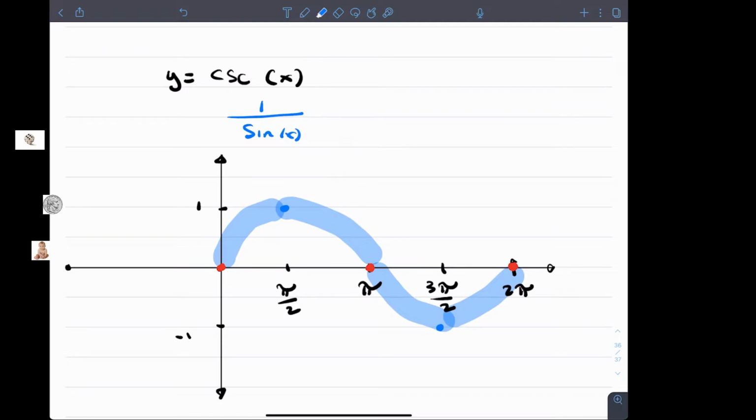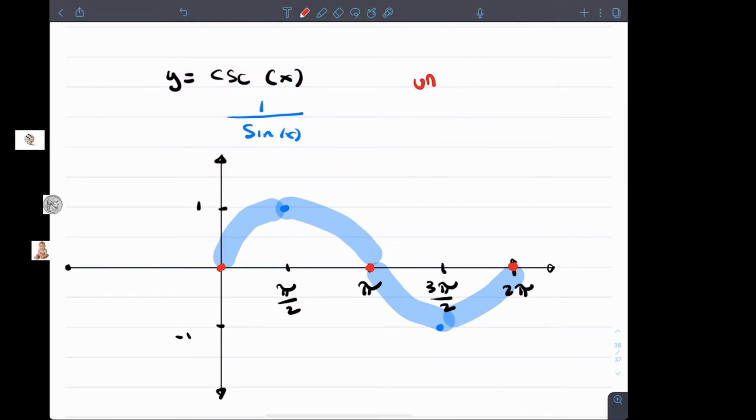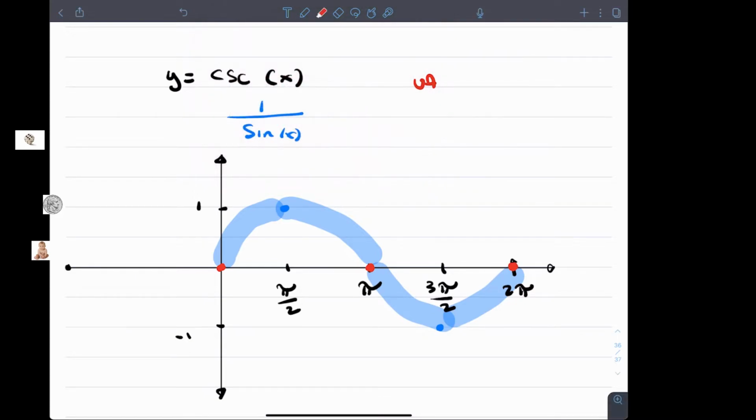Now you say, well, what happens if we're going to do the reciprocal? Remember, you have x-intercepts for this sine curve. What do you know about any rational function? There's your denominator, where that denominator equals 0.